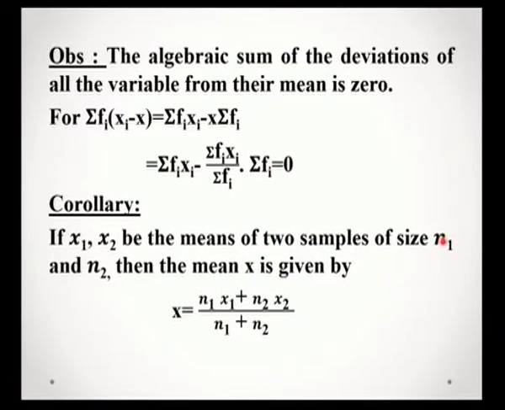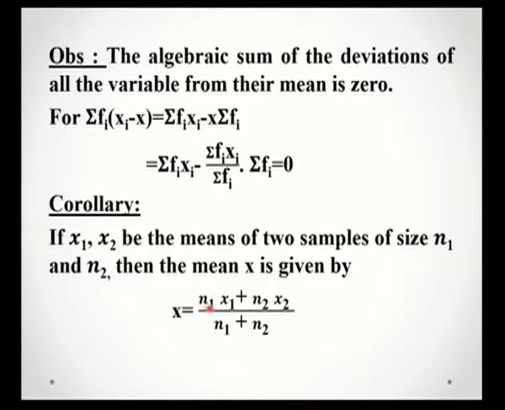I told marks of 10 students, so n1 can be 10 and n2 can be again 10. If you can vary that n2 as 20 also, then the mean x is given by x is equal to n1 x1 plus n2 x2 over n1 plus n2.